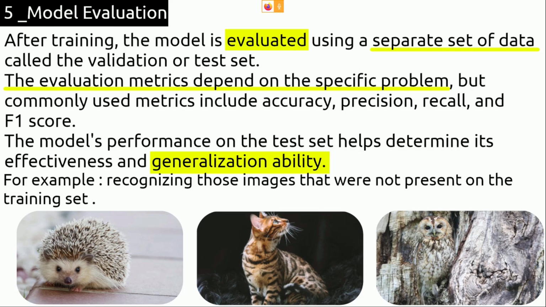Okay, so we need to pass it the validation set, because there is the training set and there is the validation set. The model will try to learn on the training set, and on the validation set it would give predictions. So we would feed the model with data that it doesn't know about, that it was not trained on.